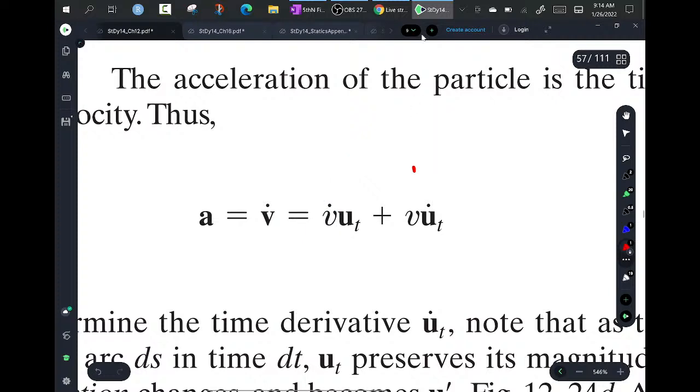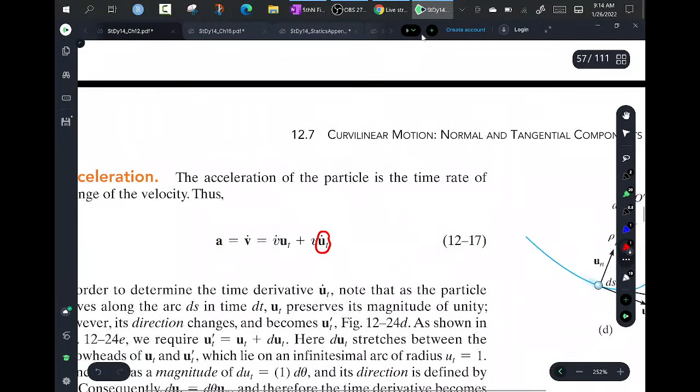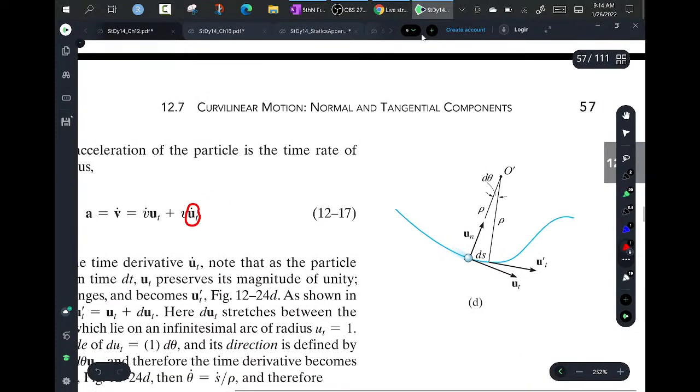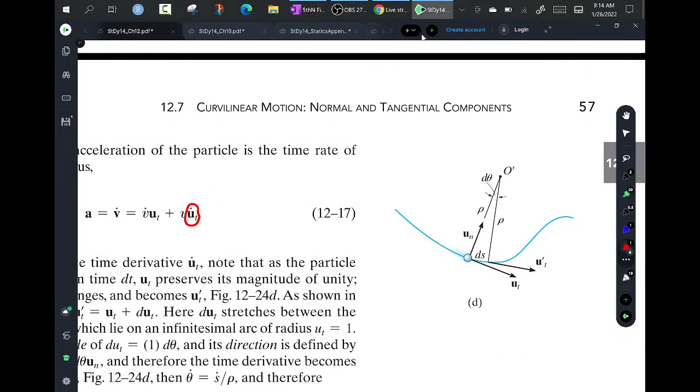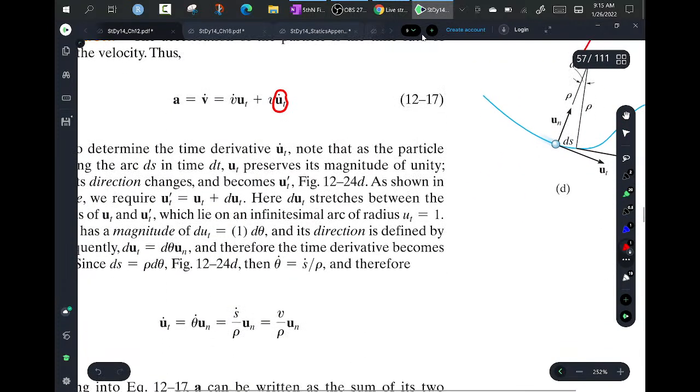Now what he looks at, or starts to look at, is this. So this base vector does change, and he comes up with a kind of a strange way of doing it, which is okay. So he basically takes a delta theta and relates that to dt, and he does it through this whole thing where he comes down and eventually determines that that is the case.